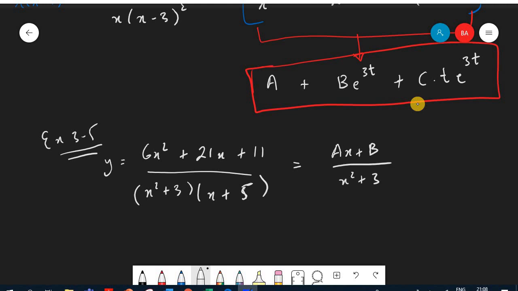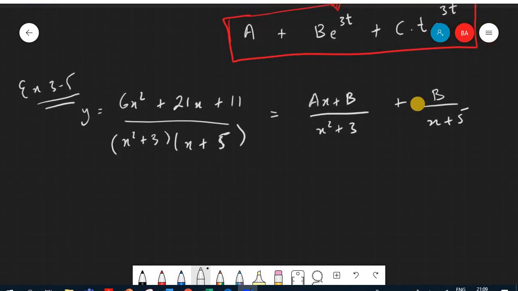Because this should be one order less, and one order less should be of the form ax plus b. And then plus c over x plus 5. Okay, so that is the problem you need to solve.